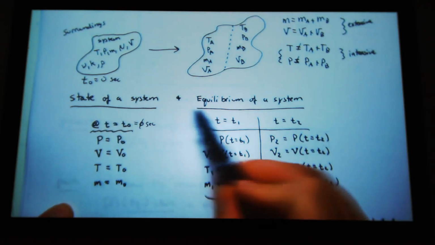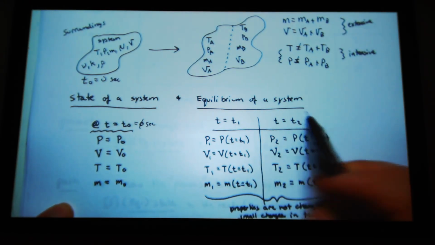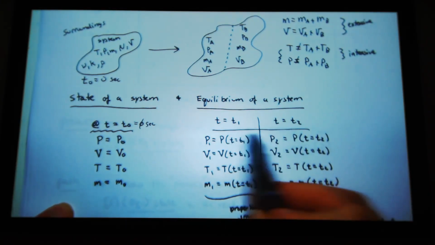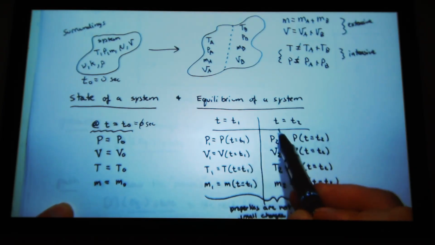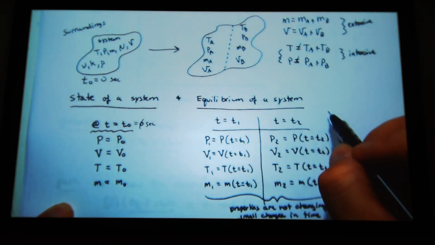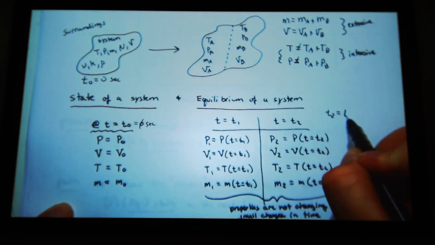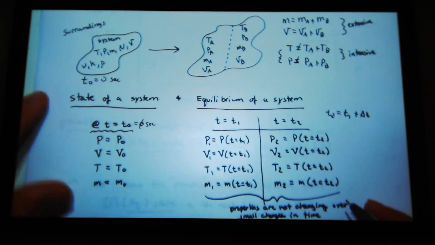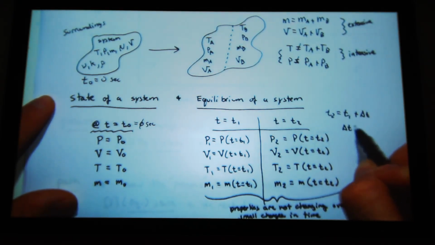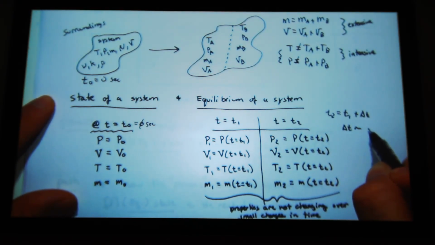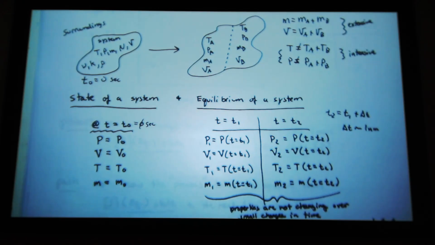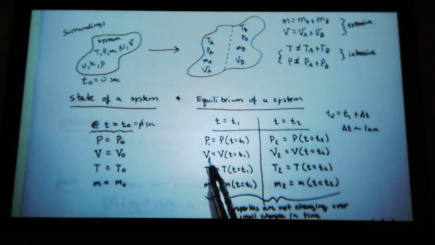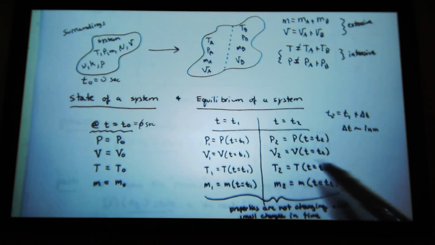So, equilibrium of the system. If I look at two snapshots in time, T1 and T2, and T2 equals T1 plus some delta T, and let's just say delta T is on the order of 1 nanosecond. So I can look at my system at T1 and it has a pressure, a volume, temperature, and mass.